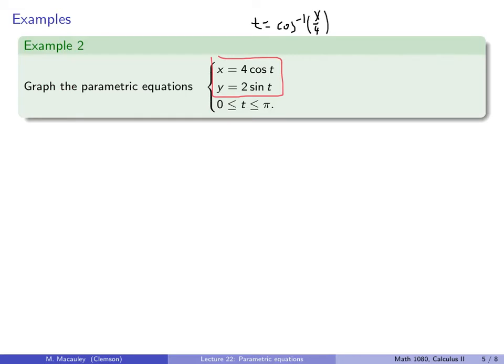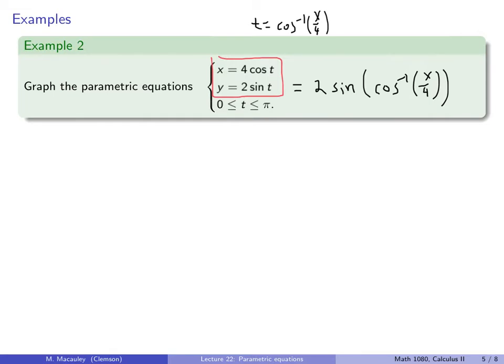And we plug that in the second one, then we get y equals 2 sine of t equals 2 sine of inverse cosine of x over 4. Okay, so y is a function of x. That is a function of x, but it's something you've probably never seen, and it's not going to be fun.